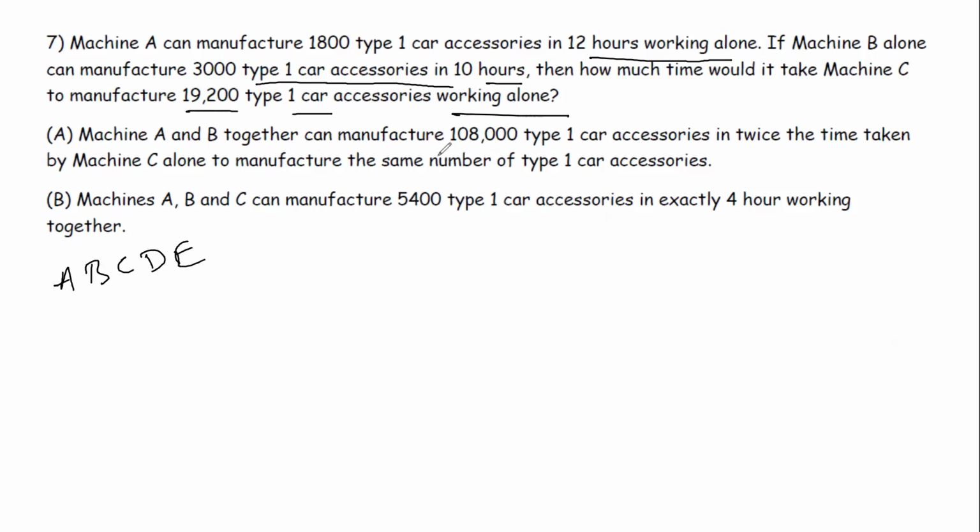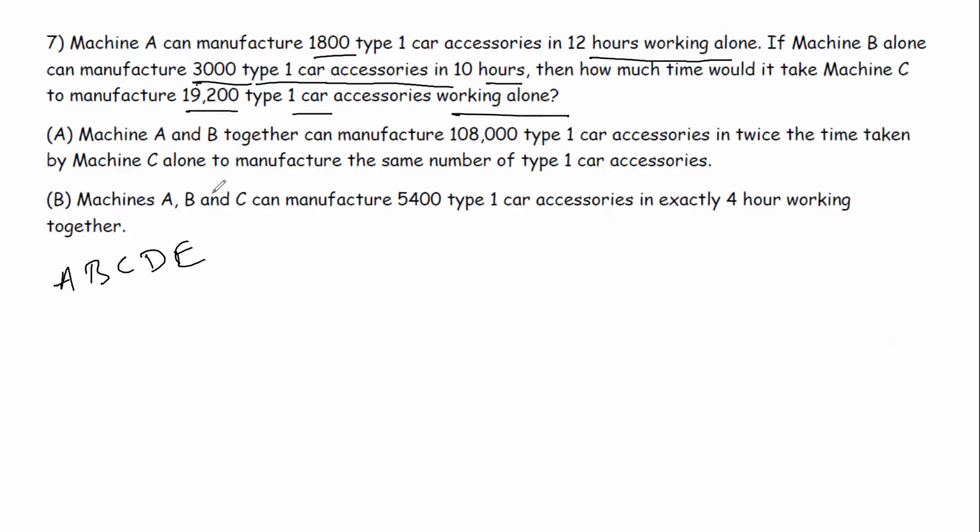Machine A and B together can manufacture 108,000 Type 1 car accessories in twice the time taken by machine C alone to manufacture the same number of Type 1 car accessories. So out here, we know that A takes 12 hours for 1800 and B takes 10 hours for 3000.